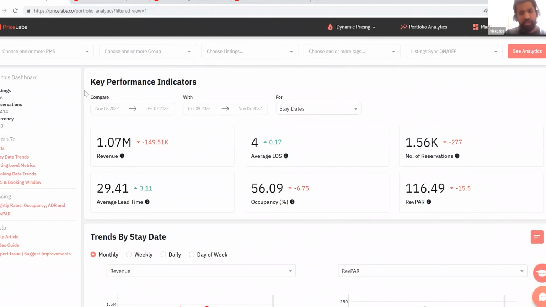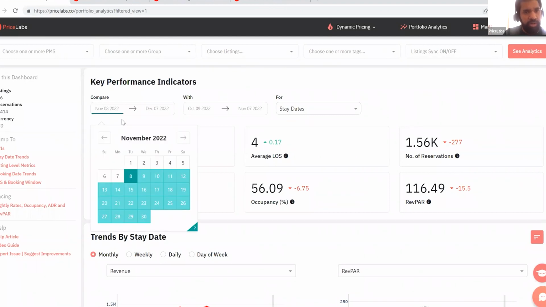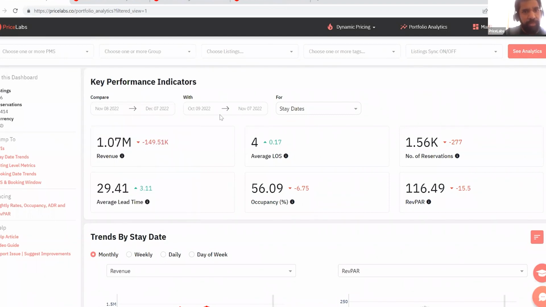The very first use case that we should talk about is, occasionally, maybe monthly, maybe quarterly, when you're trying to understand how your business, how your listing has done historically. One of the quick ways to do that is these key performance indicators. By default, it shows the last 30 days compared with the 30 days before that.